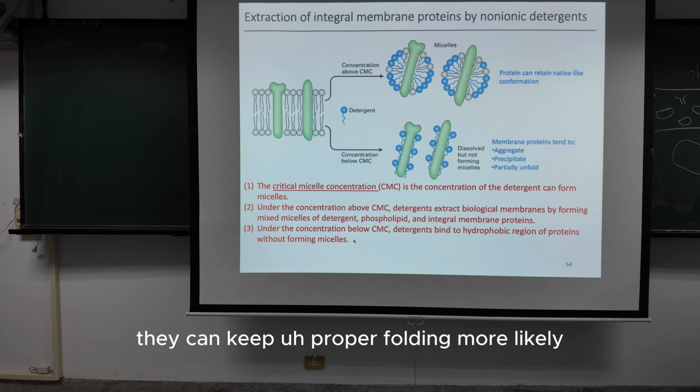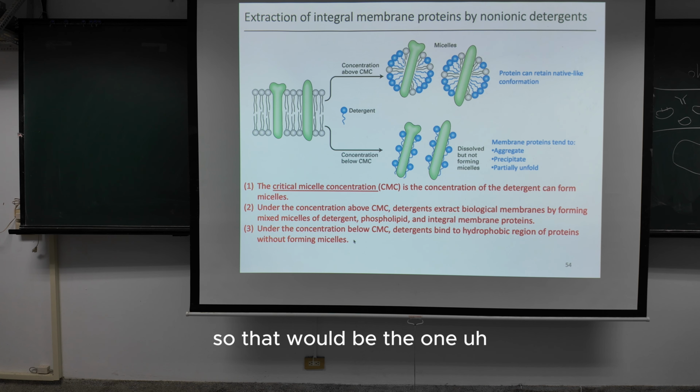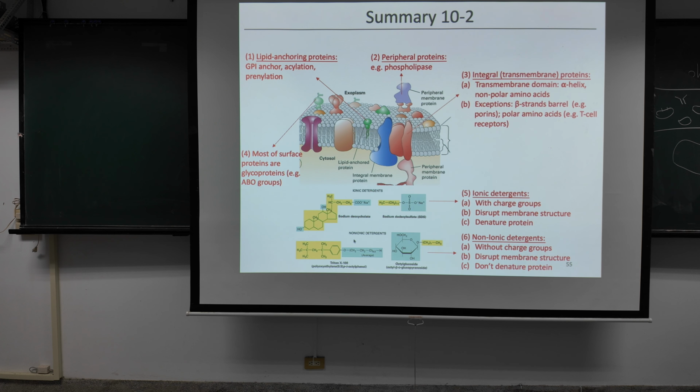But if you don't give them enough detergent, sometimes you can still extract them, but it will only partially align with them. So sometimes they will form aggregates and trigger some precipitation, and those proteins are sometimes partially unfolded. That is one thing you need to care about.